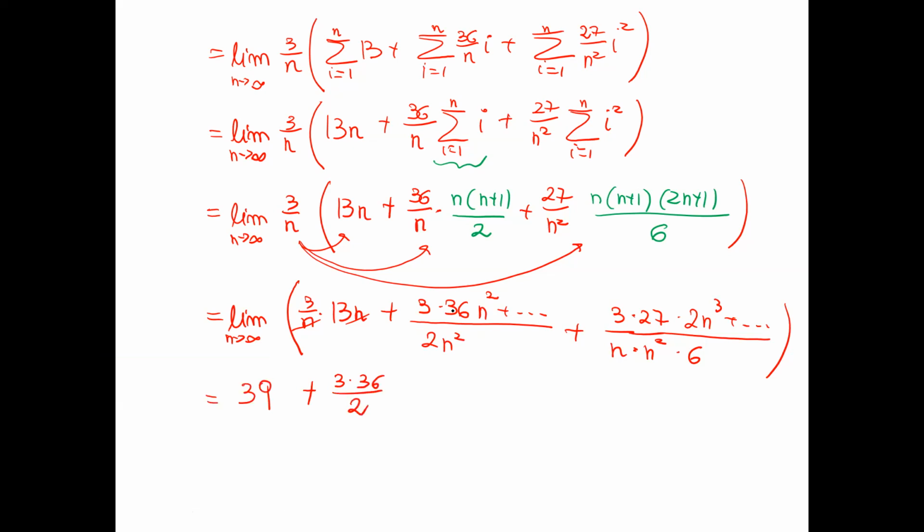Maybe we can simplify. Dividing by 2, it will be 18. Okay, let's do it this way. 3 times 18. And this one will be again n cubed, and in the denominator we also have 6n cubed.